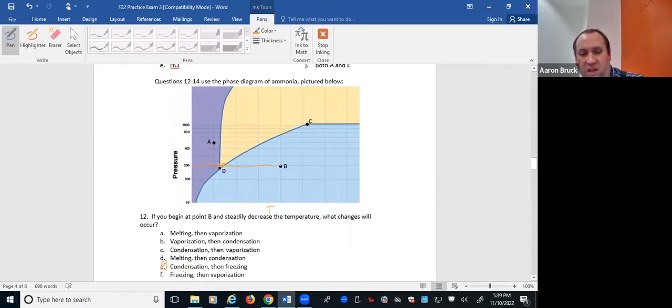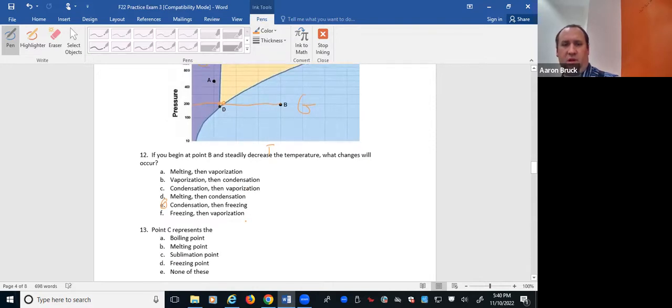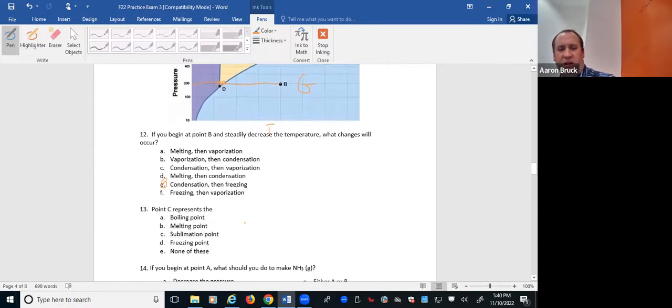So that would be E. We have to remember what each of these phases are. This is the solid, this is the liquid, this is the gas. So if we are going this direction, we're going to see the gas turn into a liquid, that's condensation. Then we're going to see the liquid turn into a solid, that's freezing. Letter C.